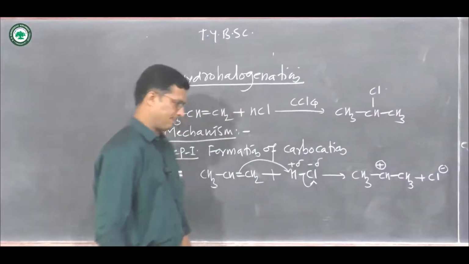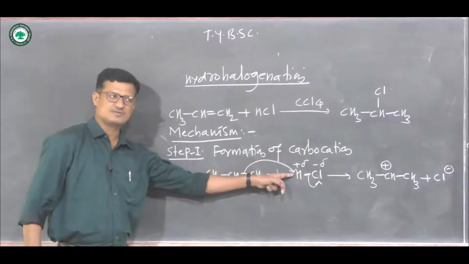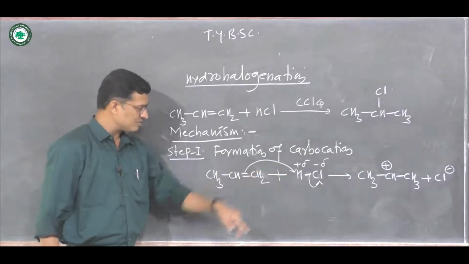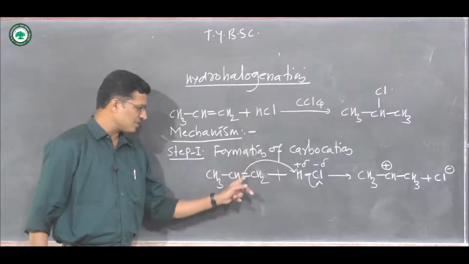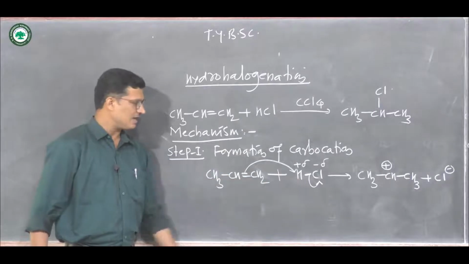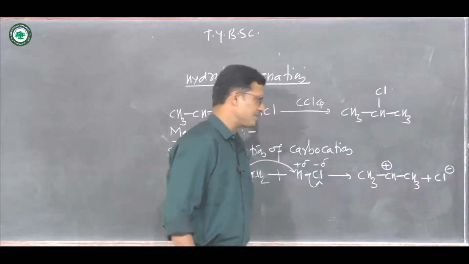This hydrogen with the delta positive charge is added to the carbon-carbon double bond first because it is electrophilic in nature, and we get Cl minus.